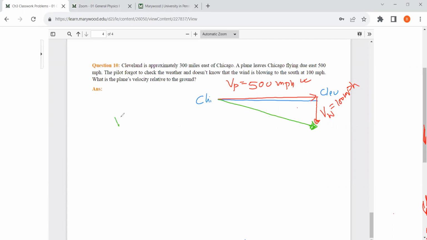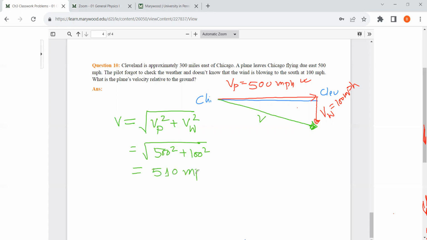If I call it V, the magnitude of this velocity we can determine using the Pythagorean theorem. So it is the square root of 500 squared plus 100 squared, so the resultant velocity will be 510 miles per hour.